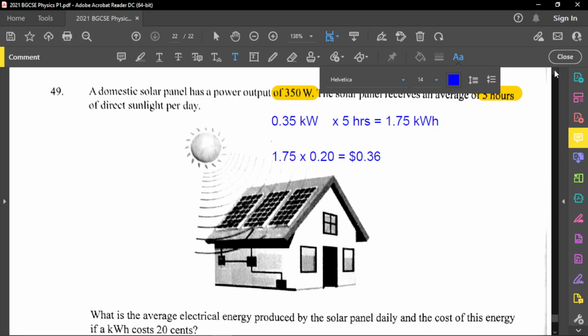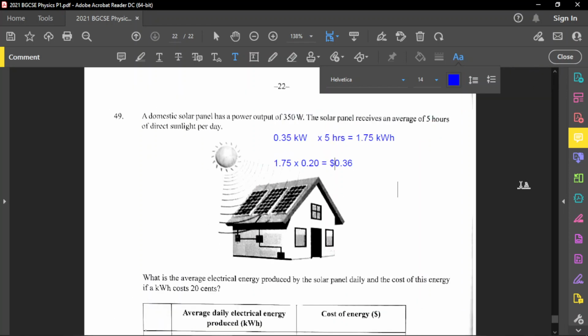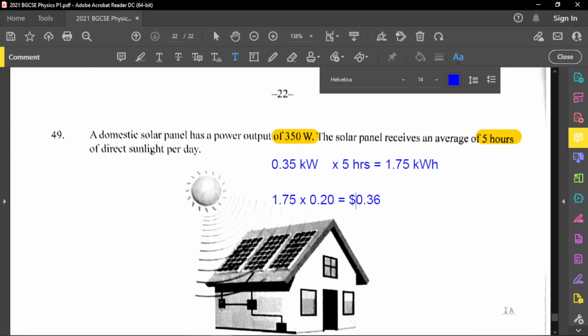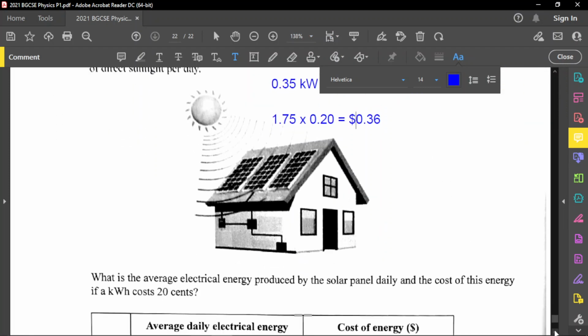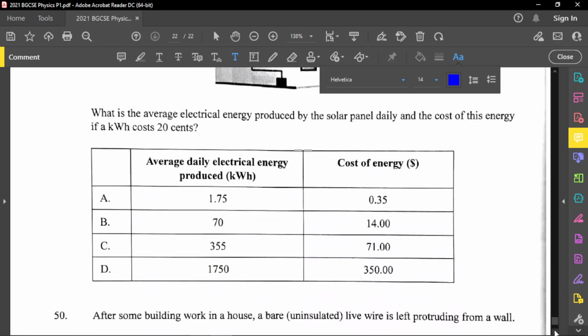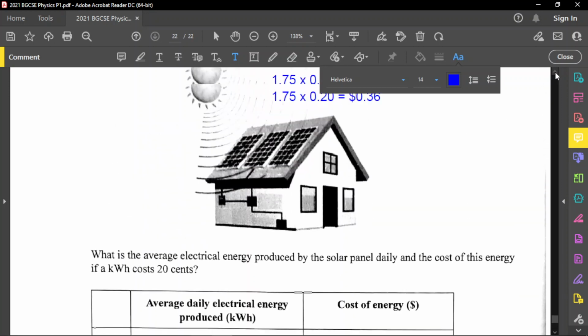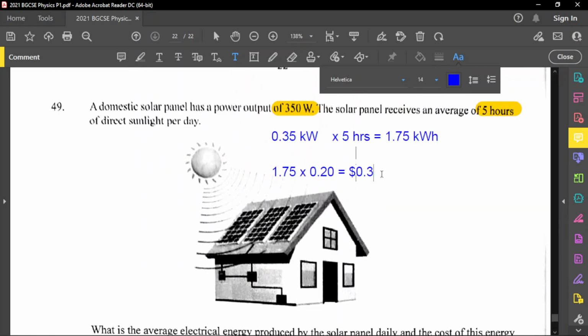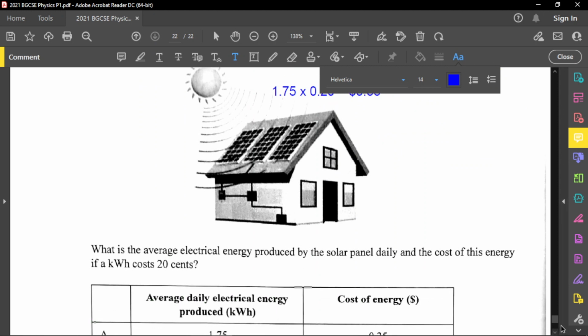I said 36 cents, but that's actually 35, not 36. My mistake. So it's 0.35, or 35 cents.